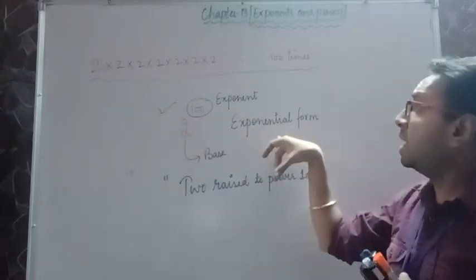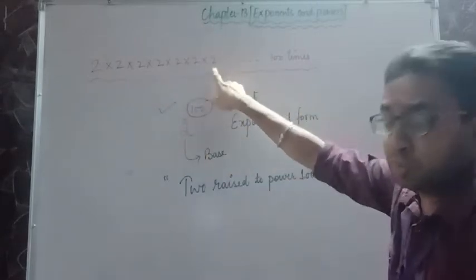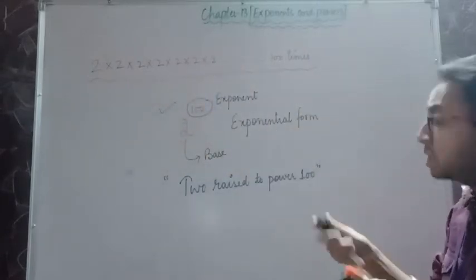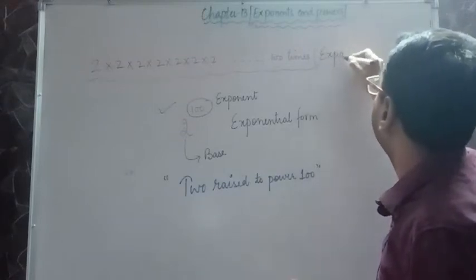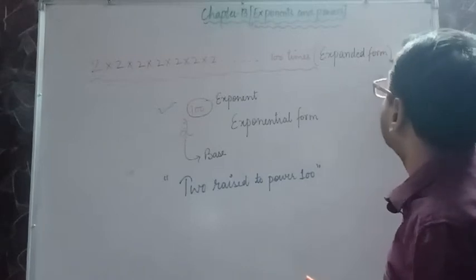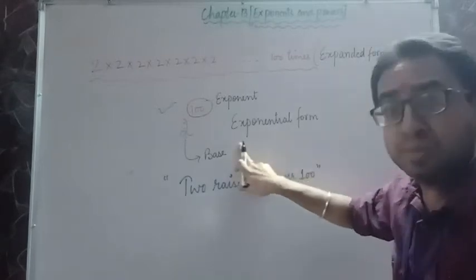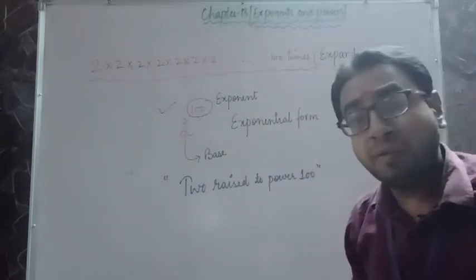So this is called exponential form, and this form, which also means 2 raised to power 100, is known as expanded form. It is known as expanded form because we have expanded. So this form is exponential form, and this form is expanded form.